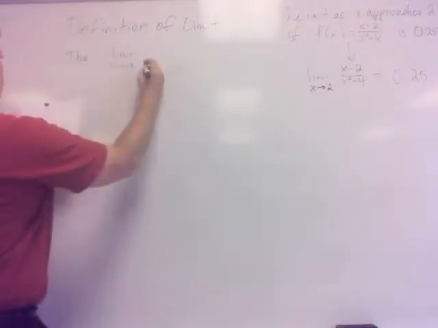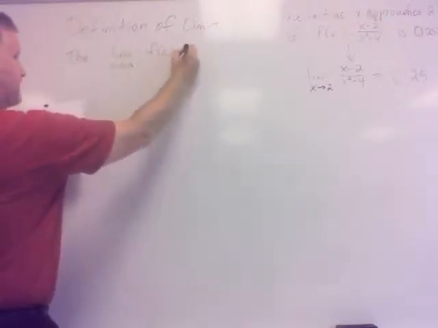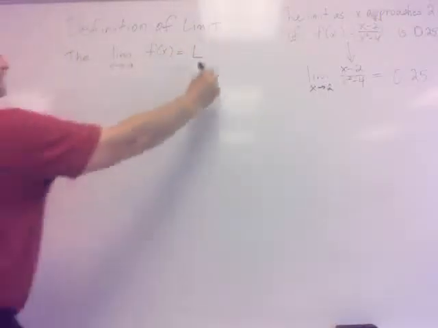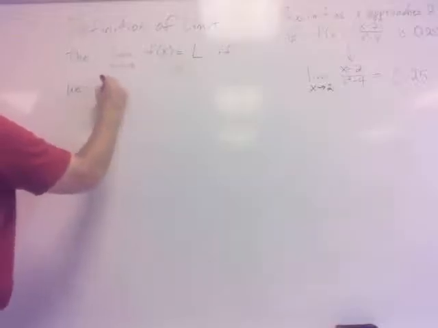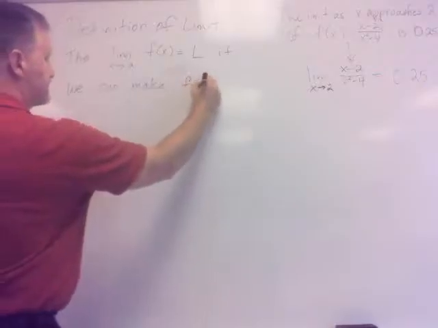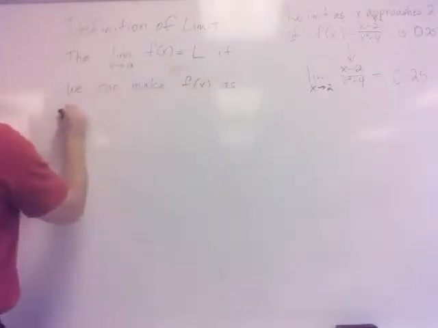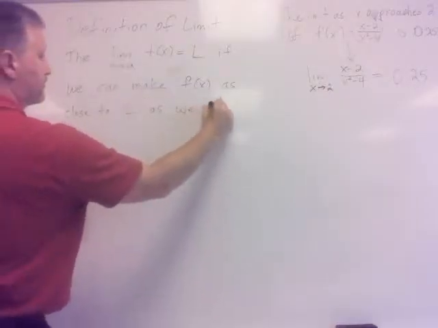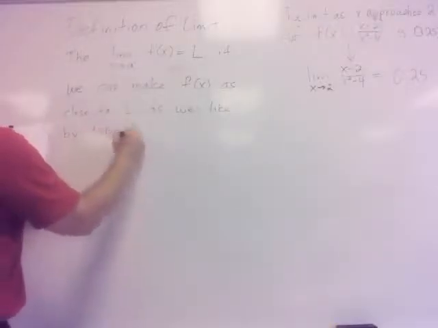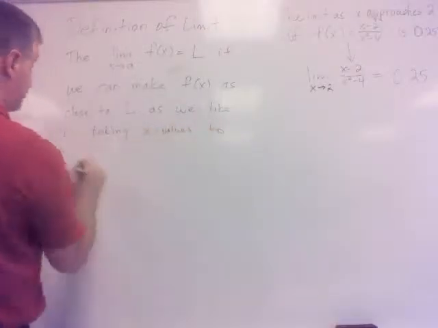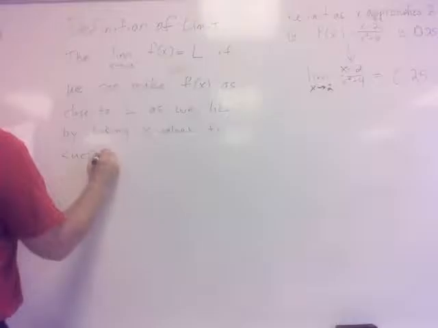The limit as x approaches a of the function f of x equals the limit L if we can make f of x as close to L as we like by taking x values to be sufficiently close to a, but not equal to a.